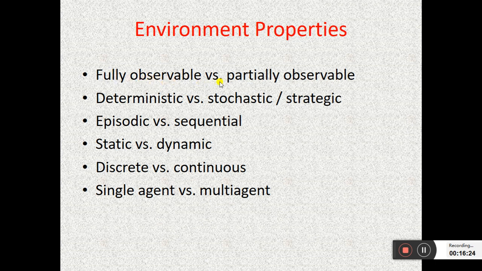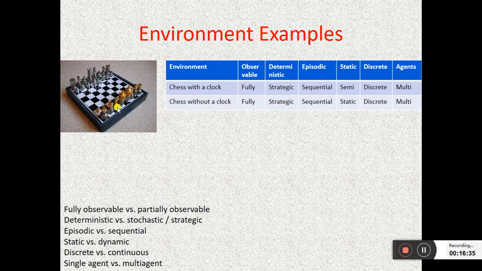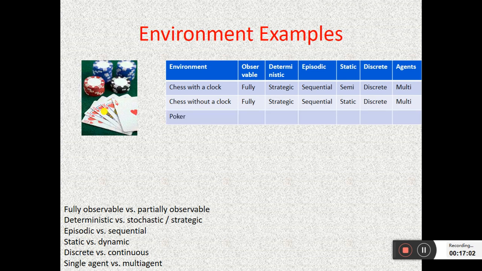Fully observable versus partially observable. Fully observable means if you are playing a chess game, as we have discussed here, this would be fully observable. You have predefined rules, you can only move according to those rules, and you cannot move by violating those rules. So this environment is fully observable.